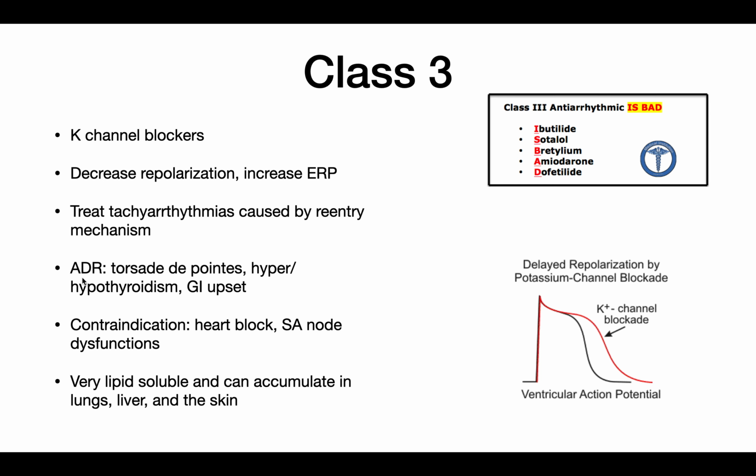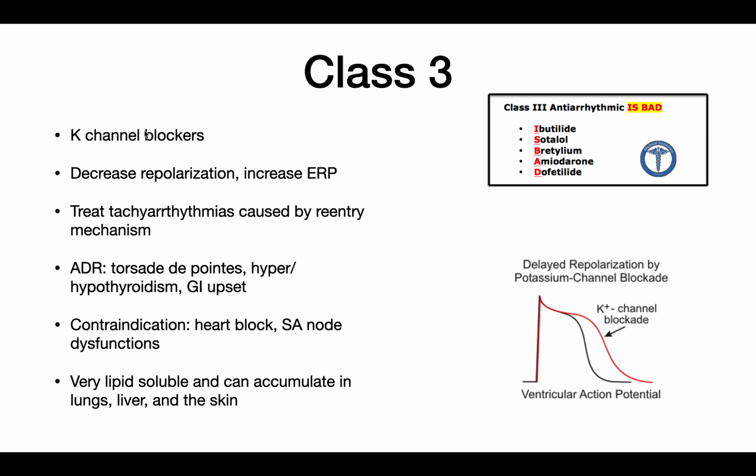Of course, the adverse drug reactions are besides the point, and that's the most dangerous one. Contraindications, we don't use this in people with heart blocks. It makes this infinitely worse, or sino-atrial node problems. So this is bad because they are very lipid soluble and can accumulate in the lungs, the liver, and the skin.